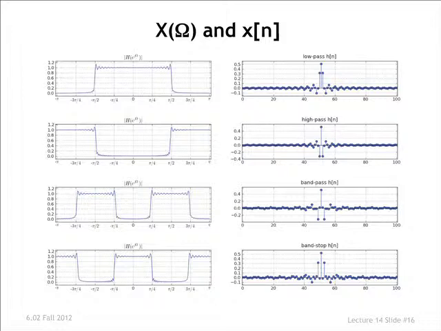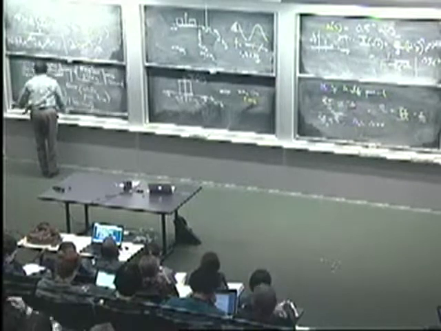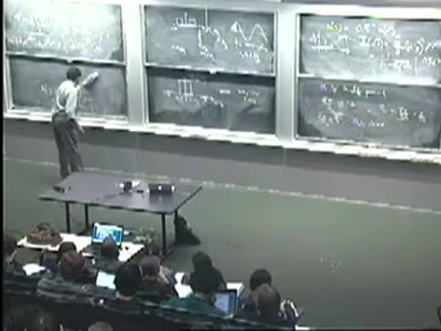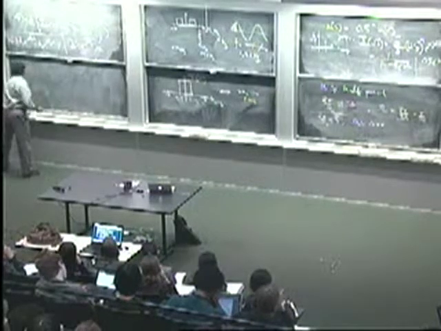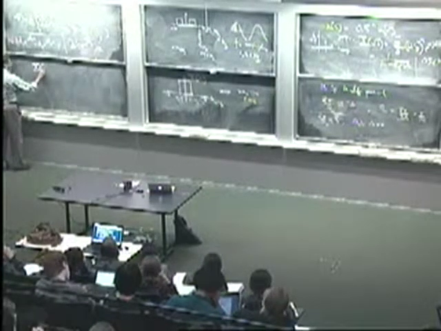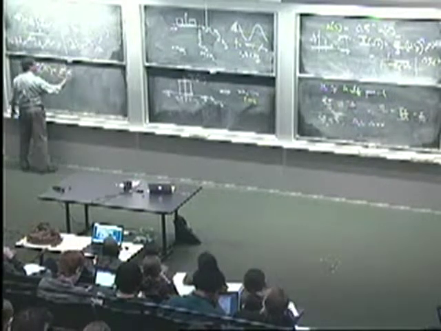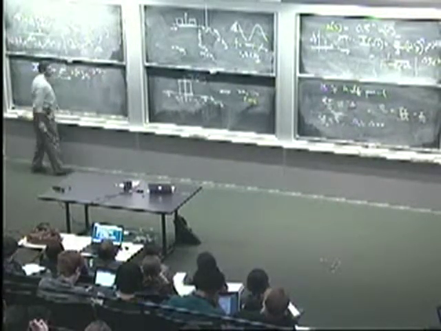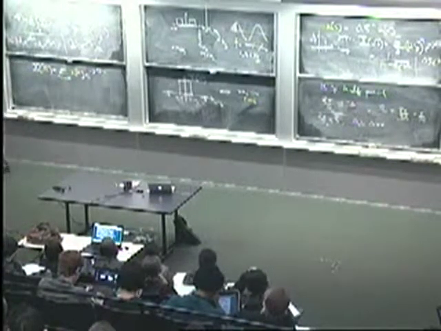Okay. Now there's an issue of how you compute these, because if you look at the formula for the DTFT, okay, you could certainly do analytical things with that expression.